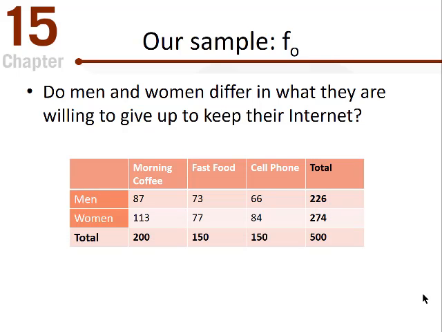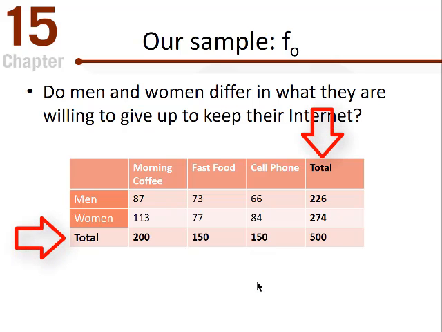And from there, we can easily tally up the totals. We find that altogether we had 226 men in our sample of 500. We had 274 women in our sample. That's if we're reading the row totals. If we're reading the columns, we can see that we had 200 people of the 500 that were willing to give up their morning coffee, 150 were willing to give up their fast food, and 150 were willing to give up the cell phone.